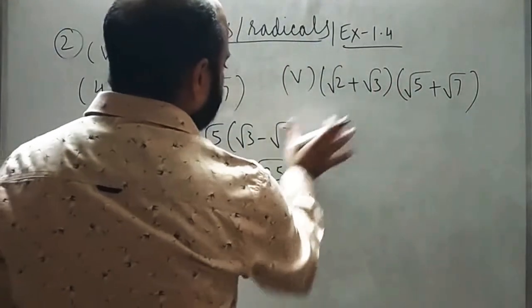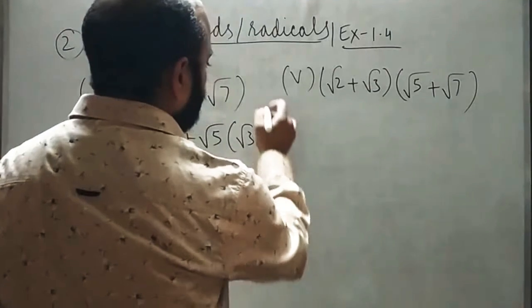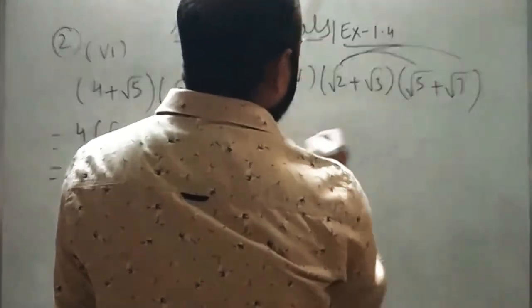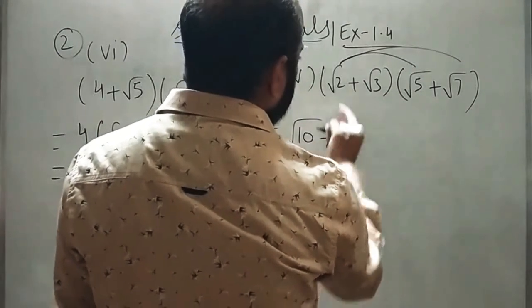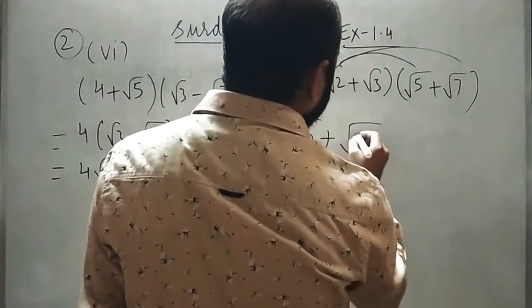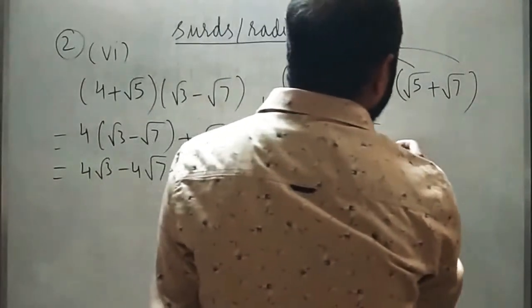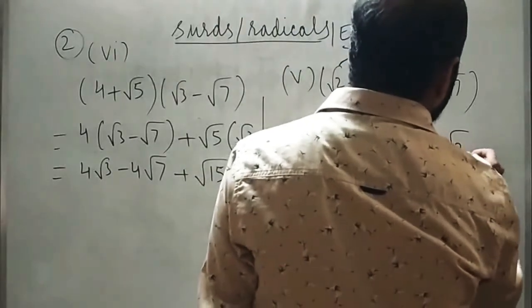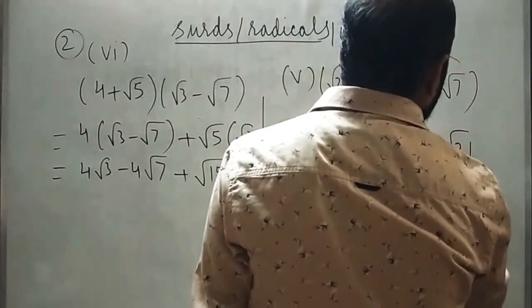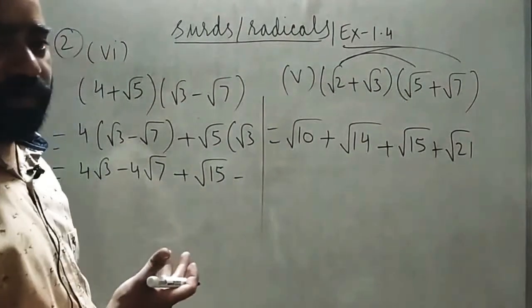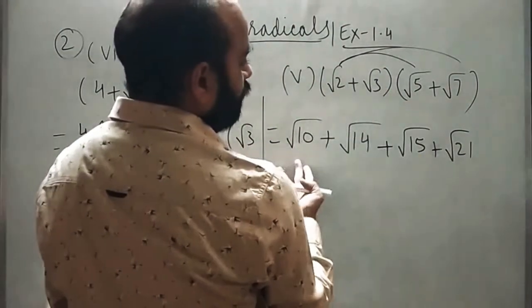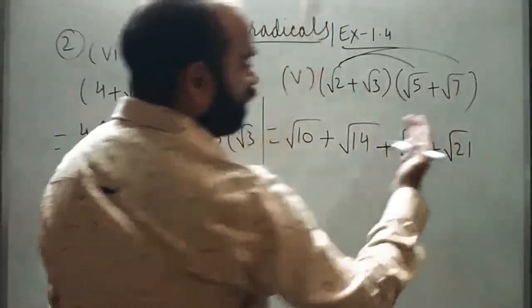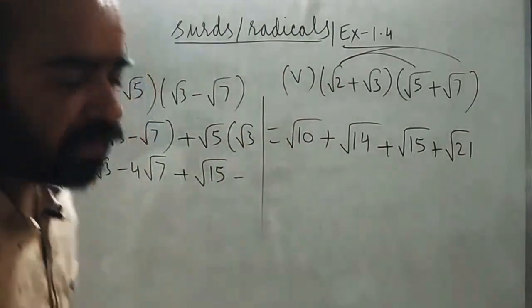So here again multiply, so this will become root 2 into root 5, root 10, plus root 2 into root 7, root 14, root 3 into root 5, root 15, root 3 into root 7, root 21. Clear? Again we cannot simplify further. So this is the final answer.